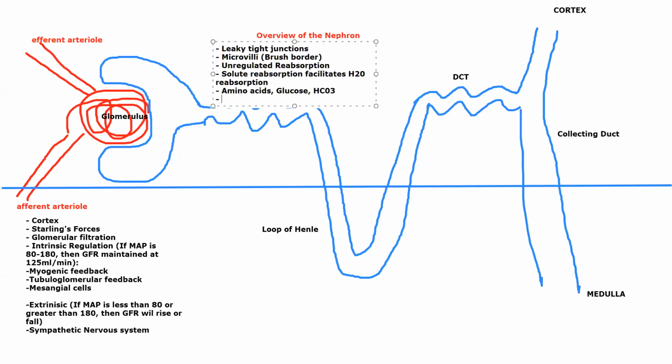that brush border. I also want to make a note here about the peritubular capillaries. So there are capillaries that are wrapping around the proximal and distal convoluted tubules. We call these peritubular capillaries. And this is where those reabsorbed substances are moving to, from the lumen of the tubule into these peritubular capillaries, okay?